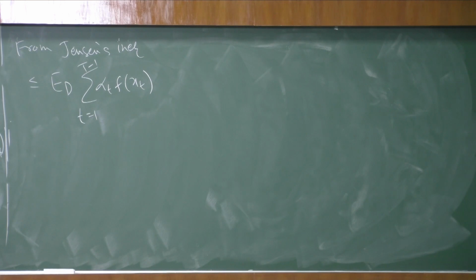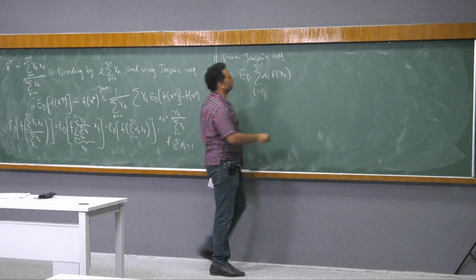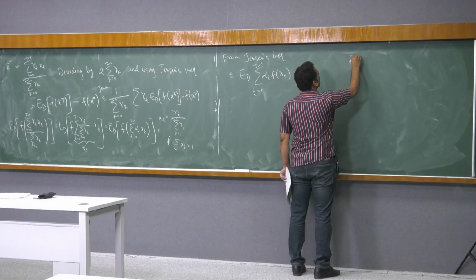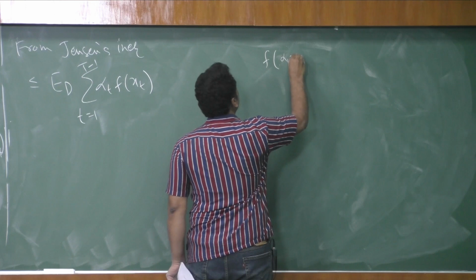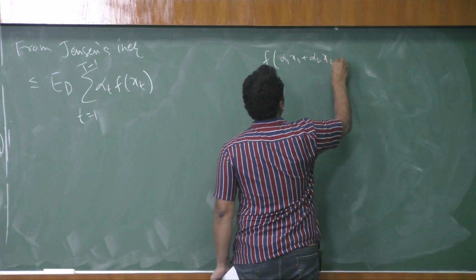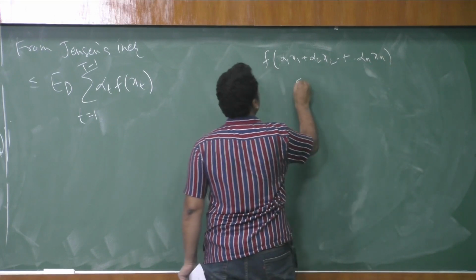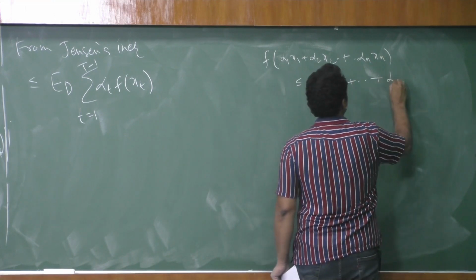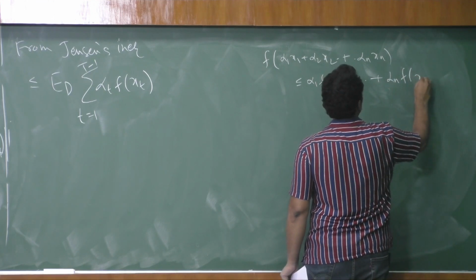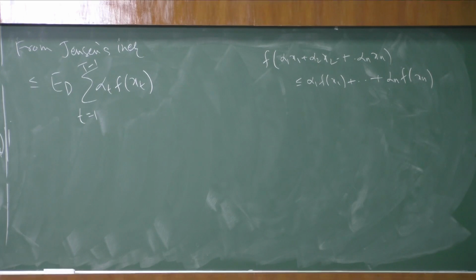And this gave us less than equal to. So that's what convex functions mean, right? So f of alpha 1 x1 plus alpha 2 x2 plus dot dot dot plus alpha n xn is less than or equal to alpha 1 f of x1 plus dot dot dot plus alpha n f of xn, right? In general, this is the inequality.